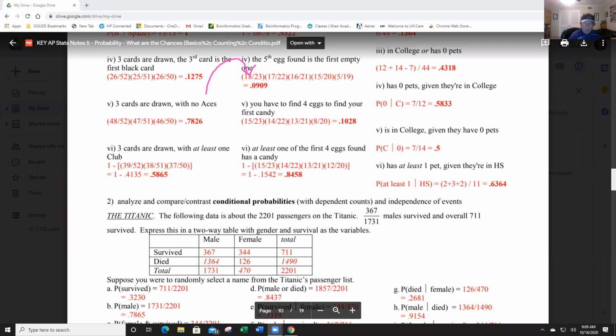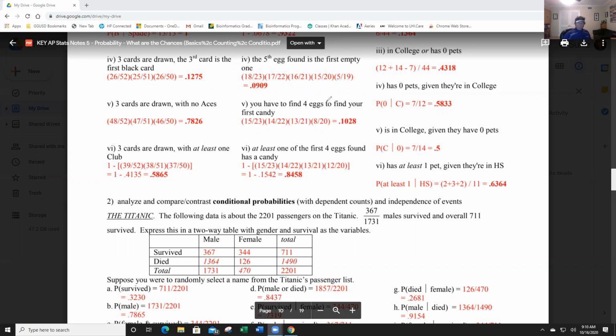If you get one of those, then there are 17 non-empty ones, then 16, then 15, and then you finally get one of the 5 empty ones, but there's only 19 remaining at that point. Again, classic non-replacement problem. Multiply all that together, about 9%. So if you draw 5 eggs, there's only a 9% chance that the first empty one you'll get is on the 5th try. Okay.